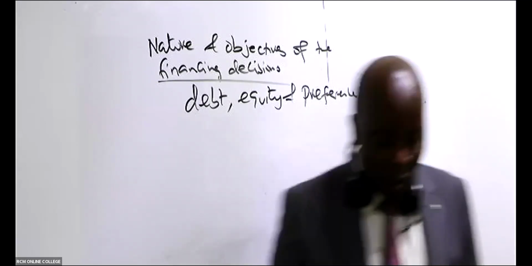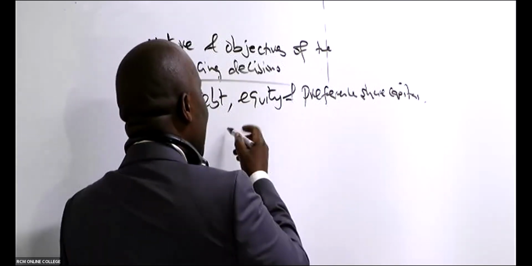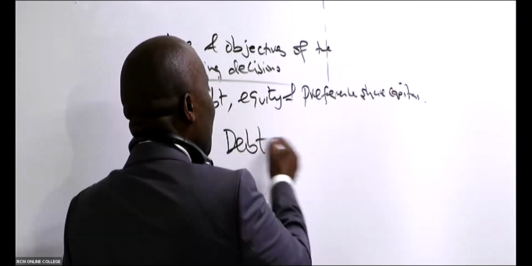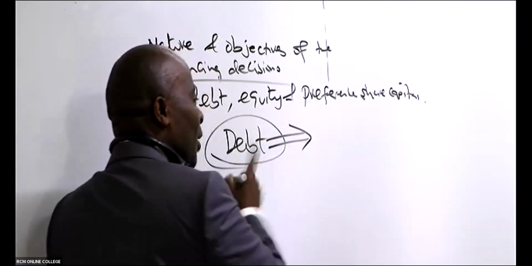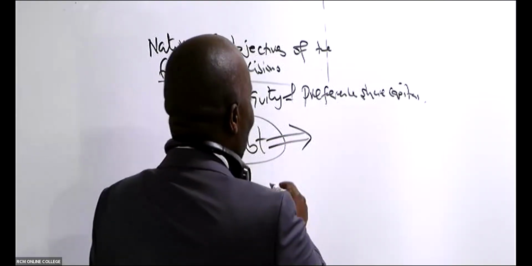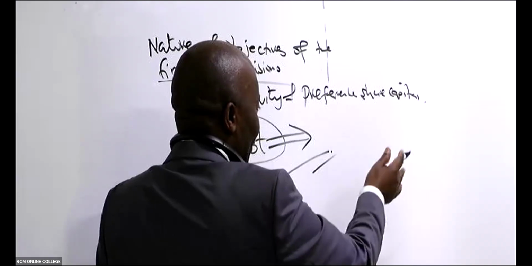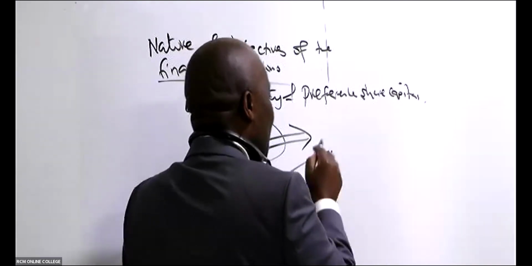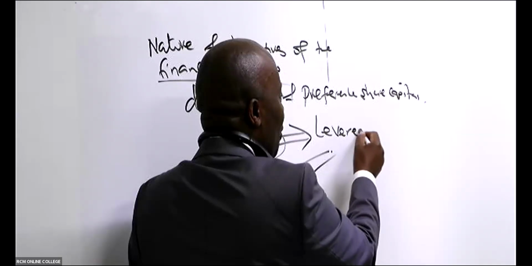Now, ladies and gentlemen, as we continue, of course, I'll be able to prove to you that debt is always good, even at our personal levels. If you realize that you are operating without debt, then straight away you have a problem. So does it mean that Mwalimu is encouraging that you go borrowing? You borrow 1 million, next you borrow 10 million, 100 million. Of course, as much as debt is very good, it gives you what we call gearing. It gives you what we call leverage, right?